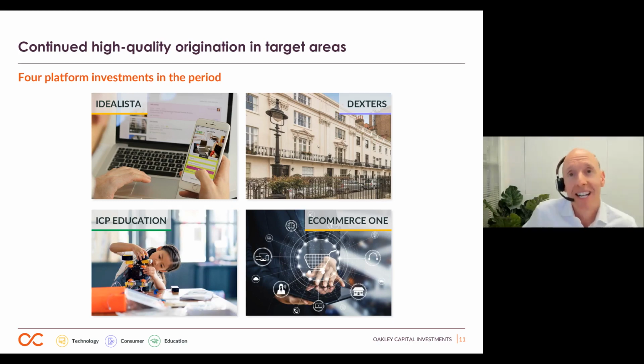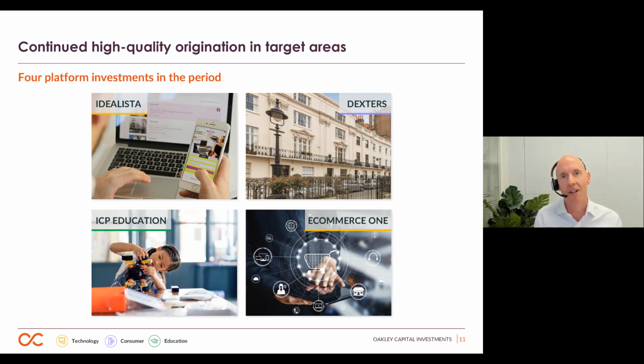Dexter's on the right, leading from our online real estate sector experience, takes us into the offline world for the first time. What attracted us to Dexter's is, one, its performance over the cycle, consistently delivering 15% growth year on year for the last 10, 11, 12 years.